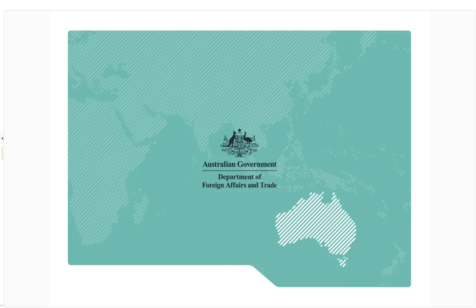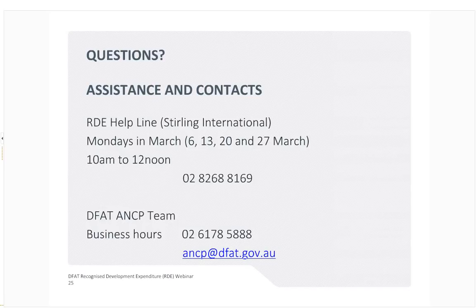Still time for questions, sorry. This year, because we have changed the RDE calculation method and updated the RDE explanatory notes, just for this year only, we've asked Sterling to provide an RDE helpline.